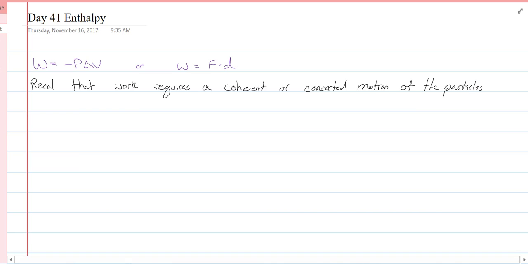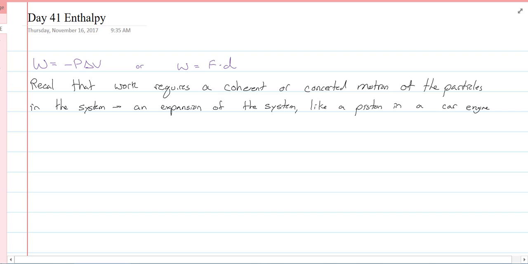So if we recall here, work requires a coherent or concerted motion of the particles in the system, such as an expansion of the system, like a piston in a car engine.